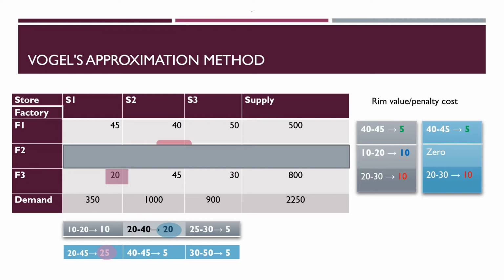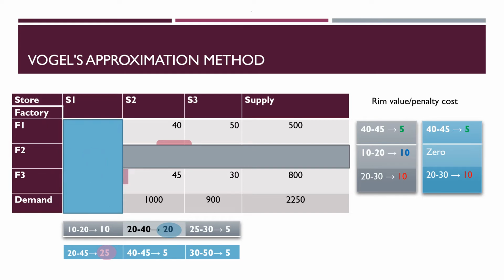Here we are going to allocate 350 units. When we allocate 350 units to F3 S1, all the demand condition of S1 is satisfied. Therefore, we do not need to allocate any more to the S1 store. Therefore, I will hide this cell.